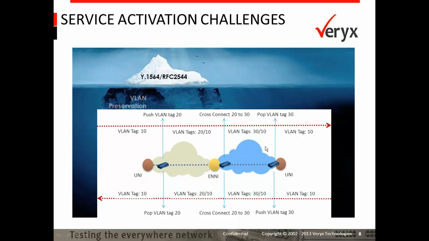Each operator's network will be subject to handling overlapping VLANs. Hence, the carrier switches are generally configured to stack their own VLAN on top of the customer VLAN. This is done to ensure traffic separation between customers.